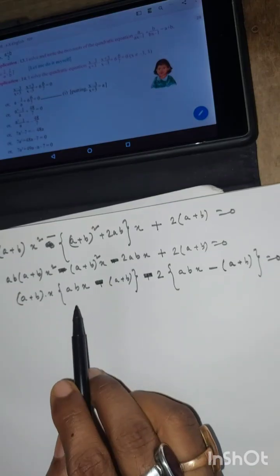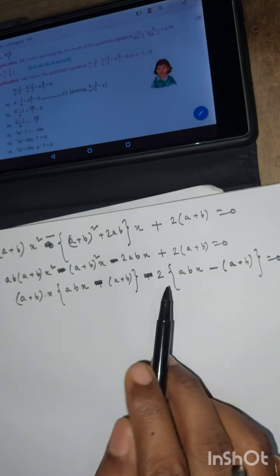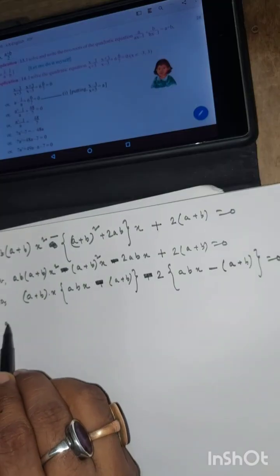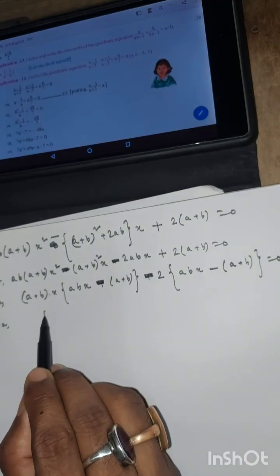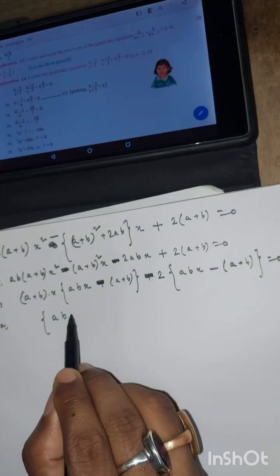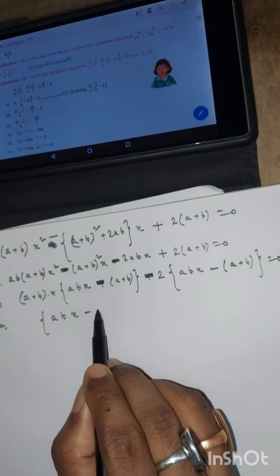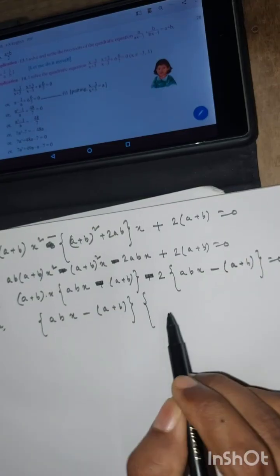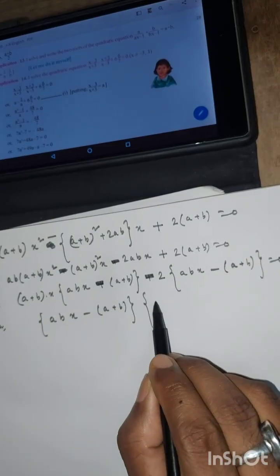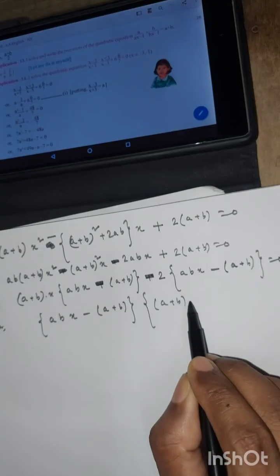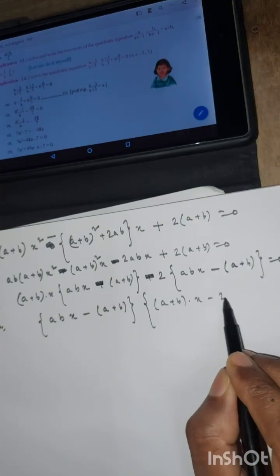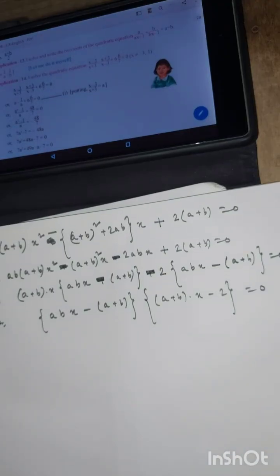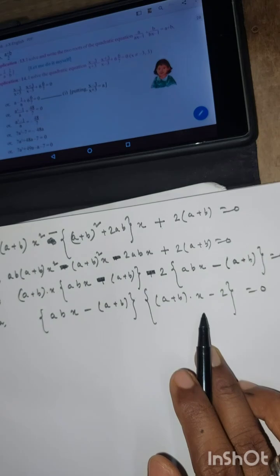Now if we take abx minus a plus b common from these two terms, we are getting abx minus a plus b. So we are left with a plus b into x minus 2 equal to 0. Now either this should be 0 or this should be 0.